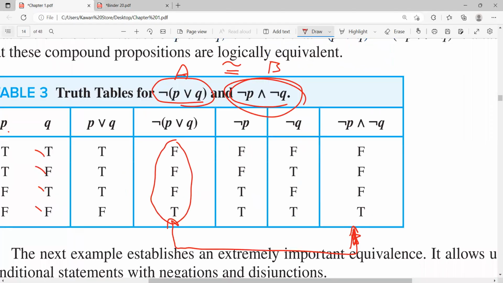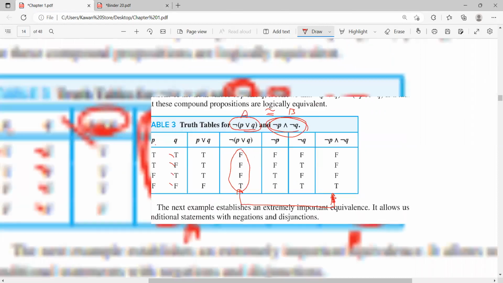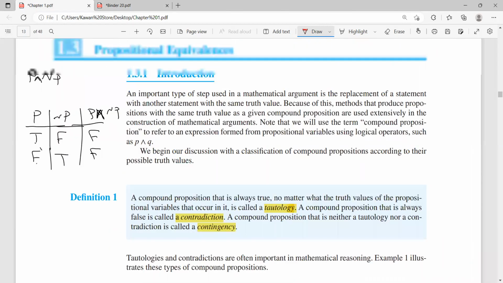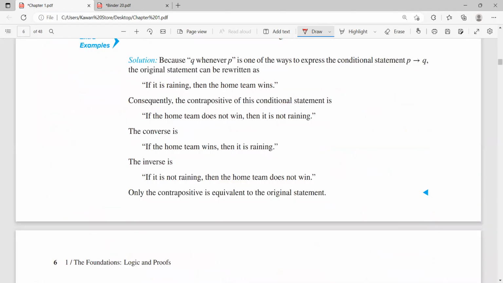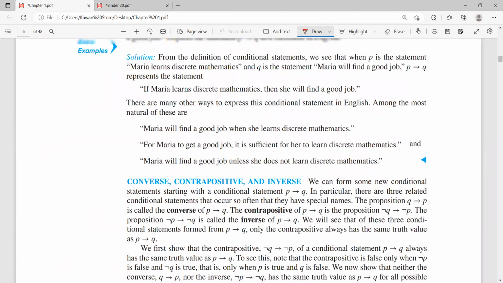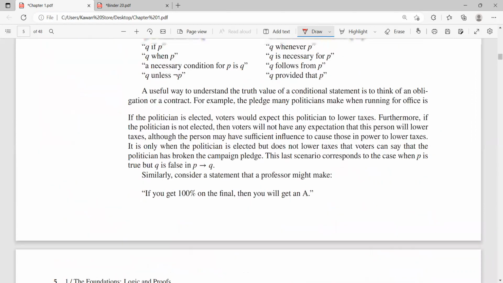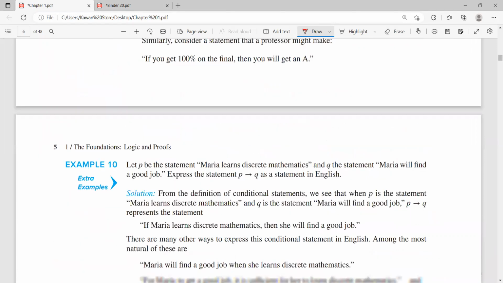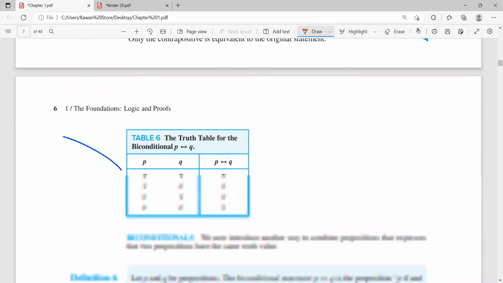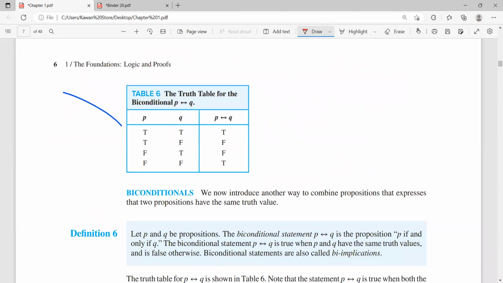Let me show you what I mean. We have this table before, the biconditional. If they are both the same, true. If not, false. You are right.